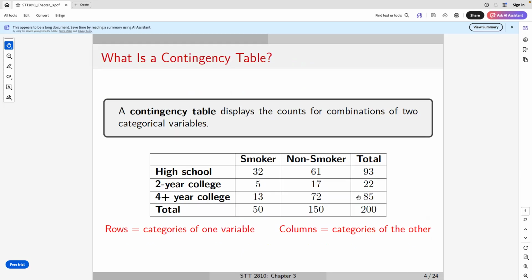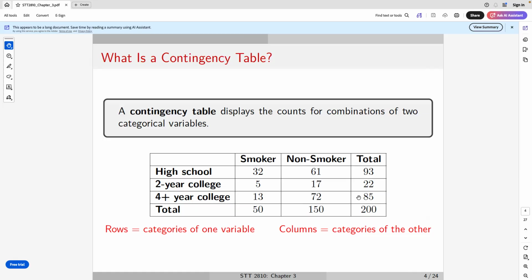Looking at this table here, I want to ask, what are the categorical variables here? Who would like to help us? If the person is a smoker or not, and the amount of education they have. Exactly.